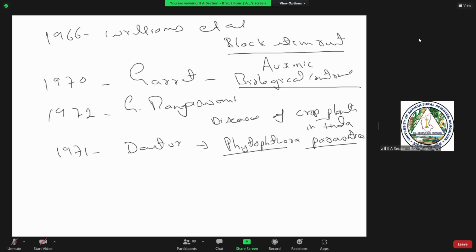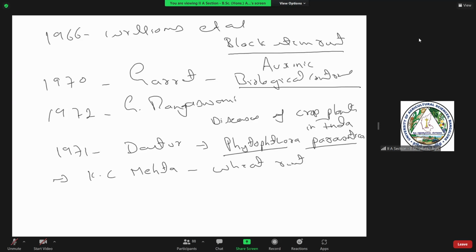Another significant contribution in the context of Indian plant diseases is by K.C. Mehta. This is an often asked question: who is the scientist who worked on the disease cycle of wheat rust in India?